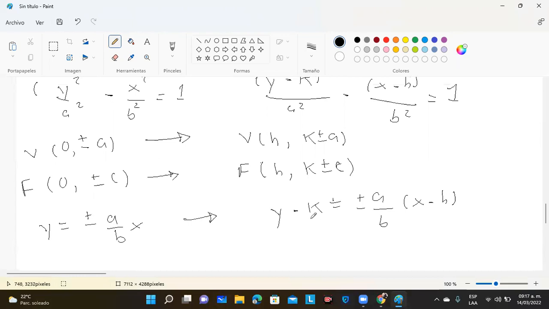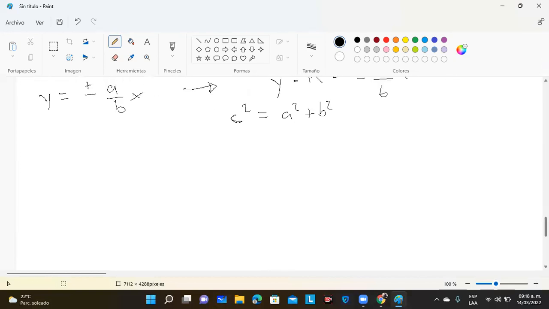This equation is going to be the same one, even if it opens right, left, up, or down, okay? And let's remember that c squared is equal to a squared plus b squared, for the hyperbola, okay?